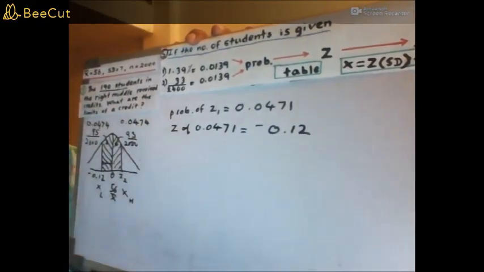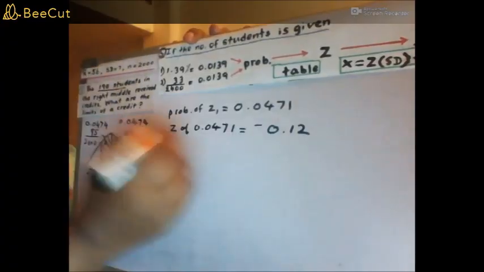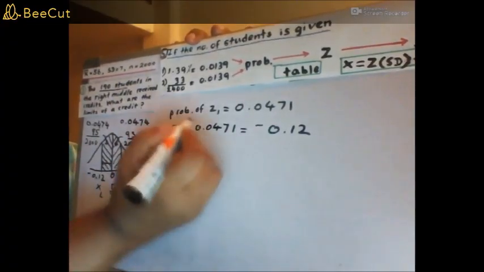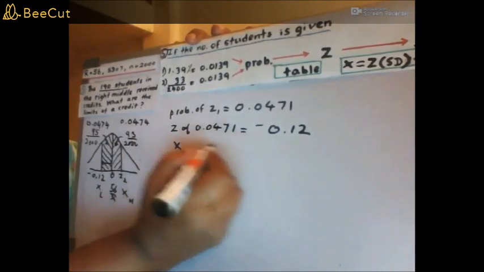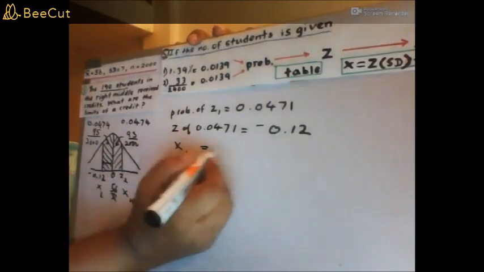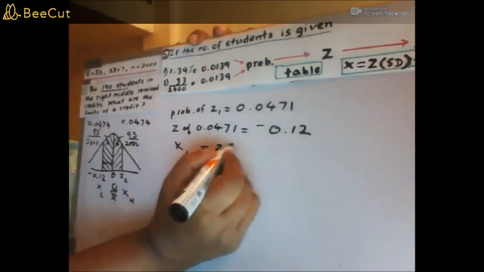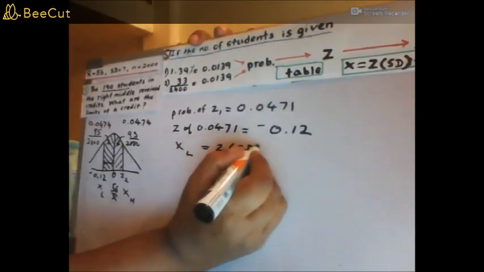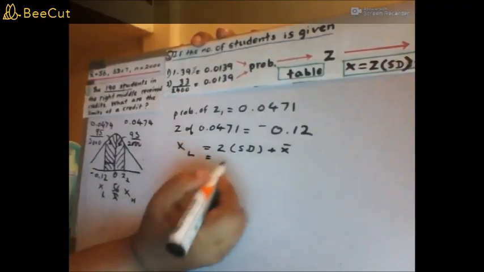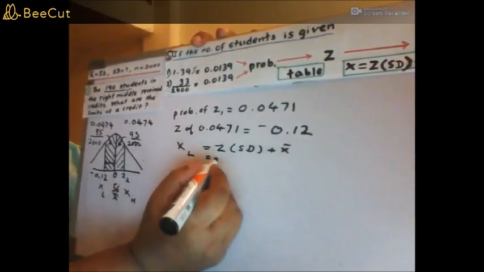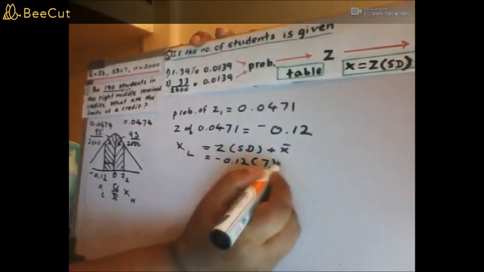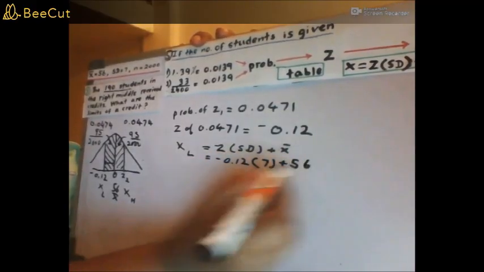Now we'll find the lower limit. So XL or lower limit. So what is that? Same formula, right? X equals Z into SD plus X bar. So that is minus 0.12 into 7 plus 56.